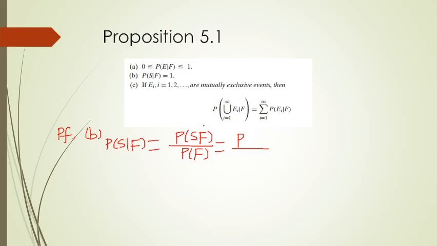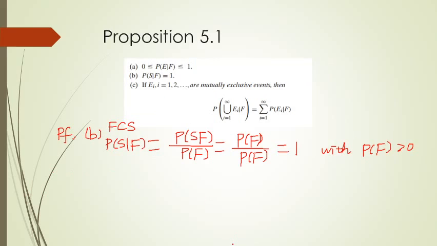The sample space is the whole rectangle, and event F is a subset of the sample space. Of course, the intersection of those two will be the event F. Event F's probability over event F's probability, of course, that is 1. And given the event F, that is always positive. So it's straightforward to prove part B, okay?